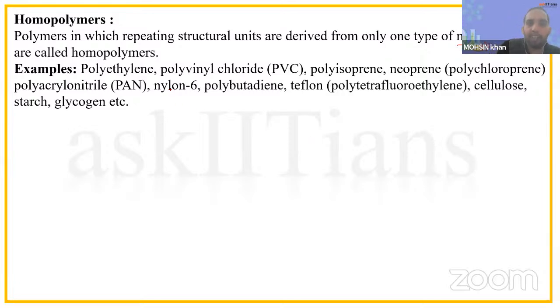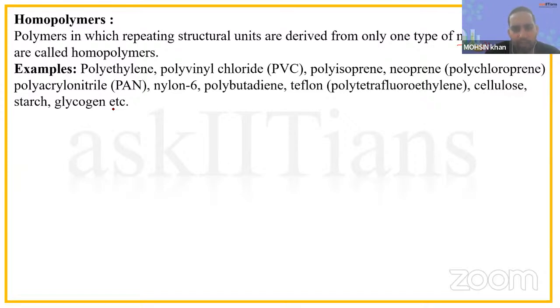Examples are polyethylene, polyvinyl chloride, polyisoprene, neoprene, polychloroprene, polyacrylonitrile, PAN, nylon 6, polybutadiene, Teflon, cellulose, starch, glycogen. These are examples of homopolymers, made by only one type of monomeric unit.